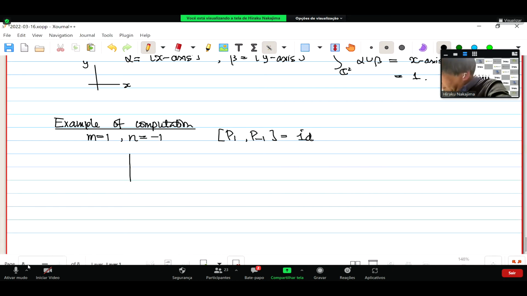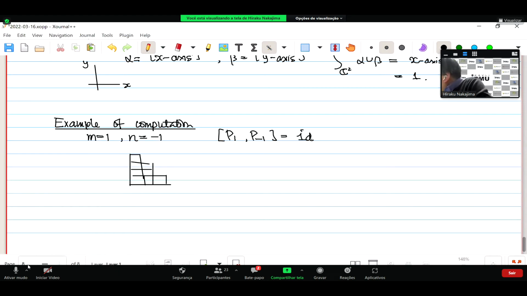So I try to apply it to a Young diagram. A Young diagram is a fixed point, and you have the corresponding fundamental class as an element of equivariant homology. And then I apply this operator P1 and also P minus 1, and eventually I want to compute the commutator.